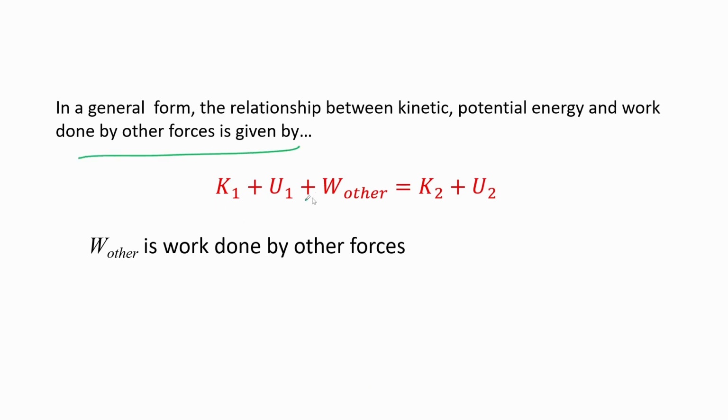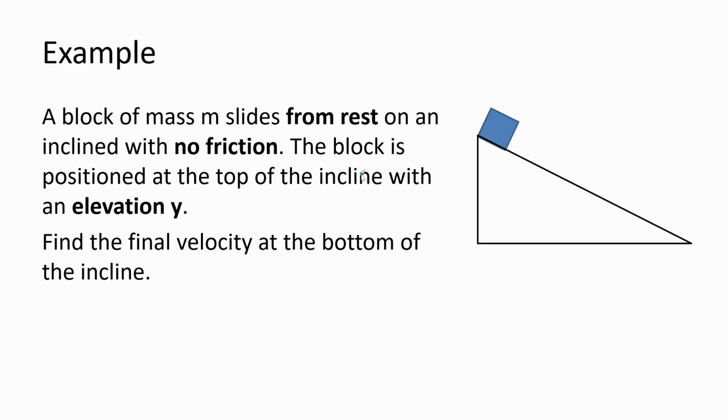So K1 plus U1 plus W other is equal to K2 plus U2. Why do we need this work other? Because, for example, there is heat from friction. You can put it there if you want to determine how much other forces contribute, not necessarily heat or friction, but in general, other forces that generate work.